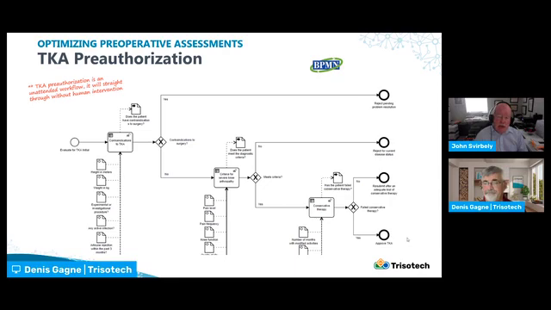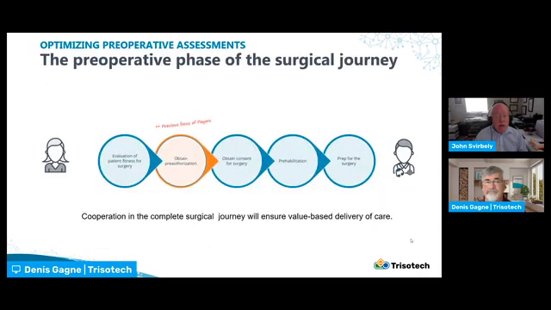Again, as Denny has pointed out, this is more than a picture. Later on, when Denny gives the demo, he'll show how this can be executed and then become an API that can be ingested by a variety of methods. Next slide, please. And so this represents the process that's involved in the preoperative phase of the surgical journey.